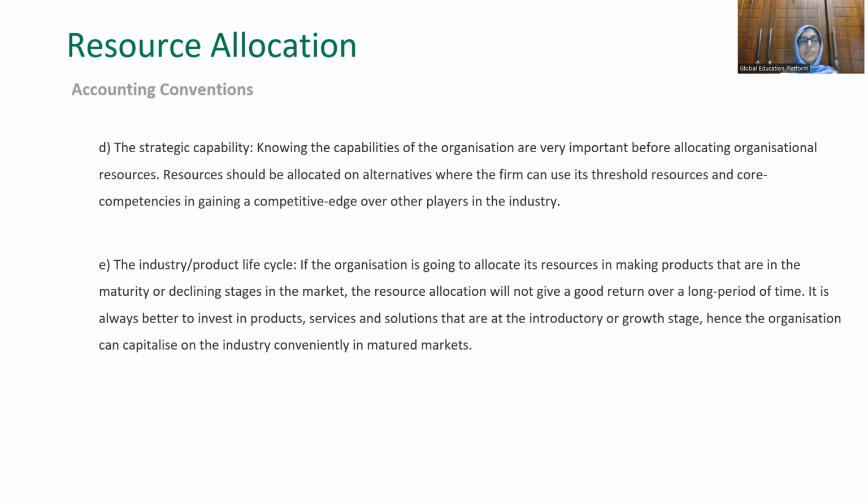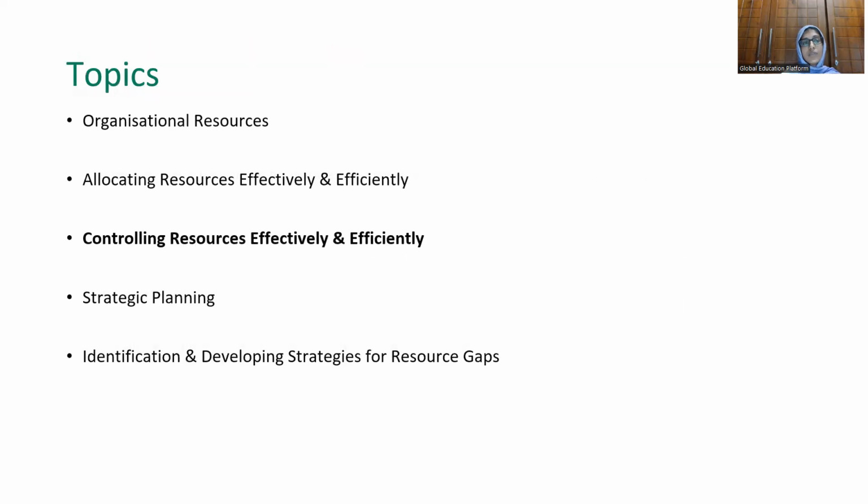So it is always better to invest in the services or solutions that are at the introductory or growth stage, because then the organization is able to capitalize on the industry conveniently in a matured market.